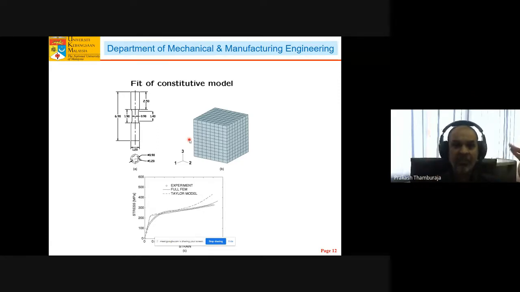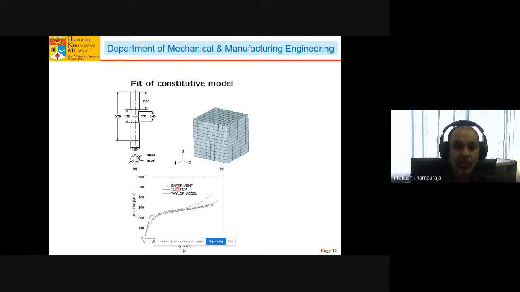But of course, you have less information with the assumptions, and it's a constrained model. So you will obtain an upper bound solution for this case, where you assume that all crystals undergo the same deformation. It makes the computations much faster, and you lose some accuracy. You can clearly see that at some point you start losing the fit to the experimental results, but by and large, the response is quite okay.